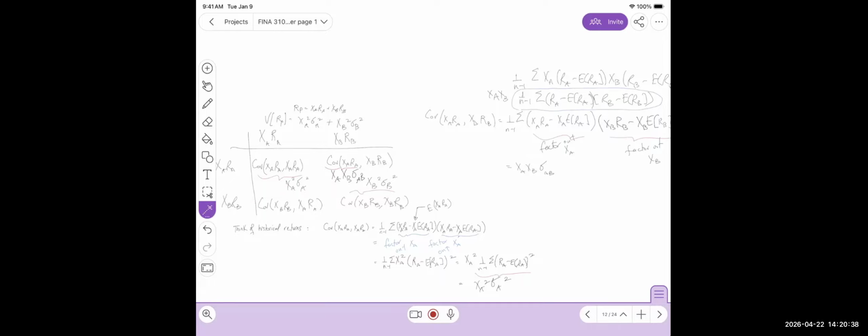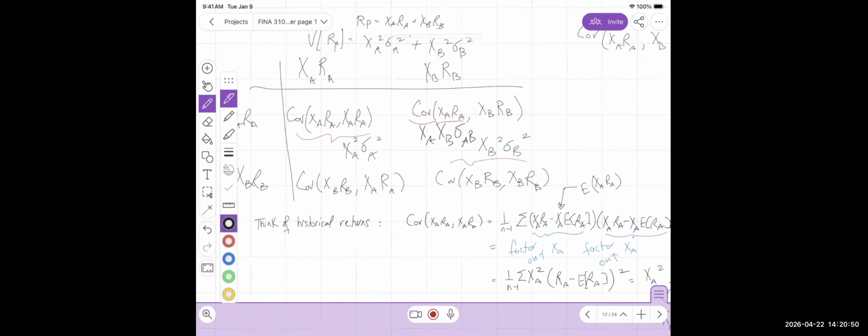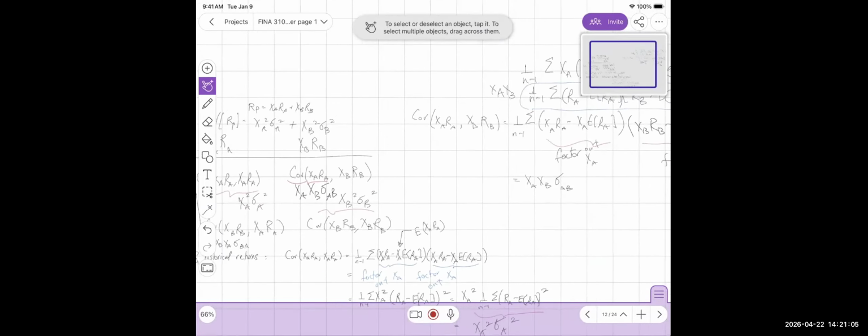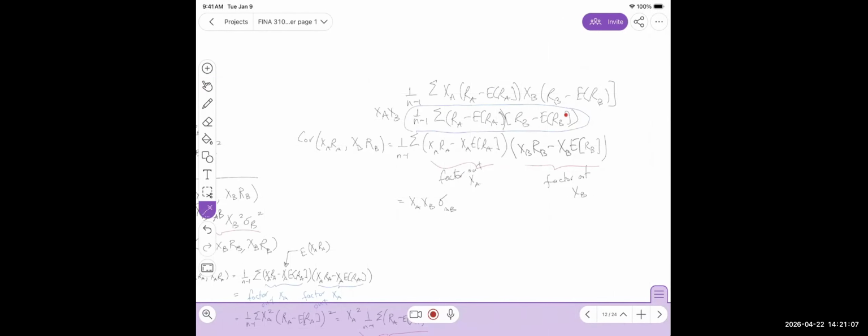Does it matter if I put A first or B first? They're all being multiplied. Does it matter the order? If I wrote it like you said, David, XB, XA, covariance BA, isn't it the same as this one? Does it matter in the covariance formula if I put this bracket before this bracket or the other way around? No, it doesn't matter, right?